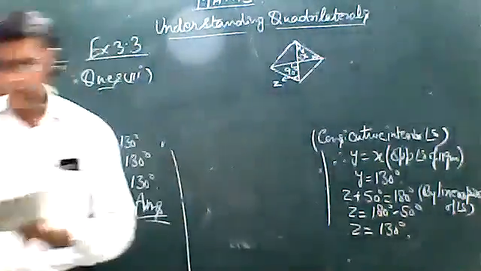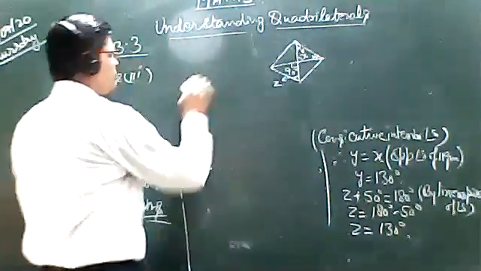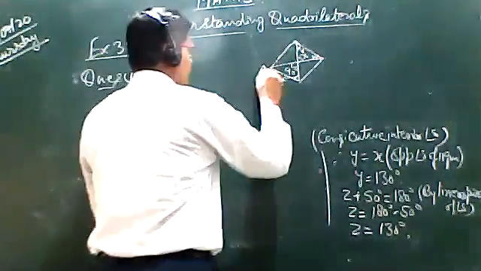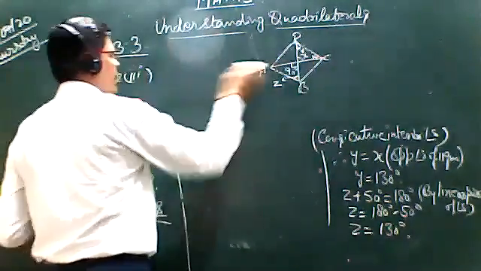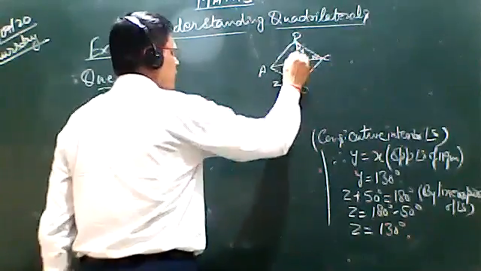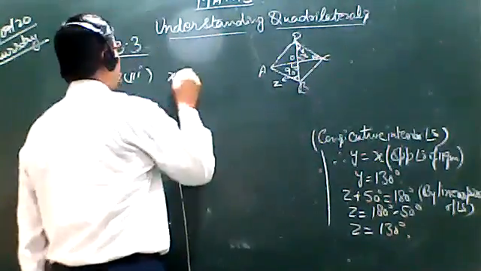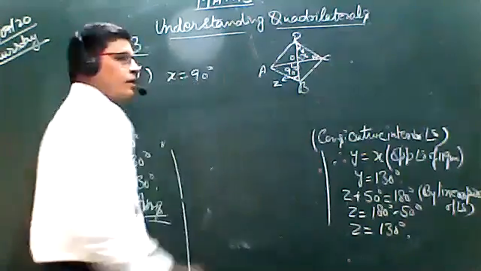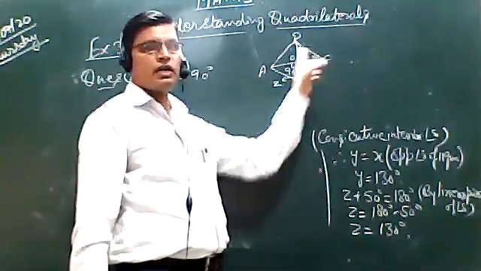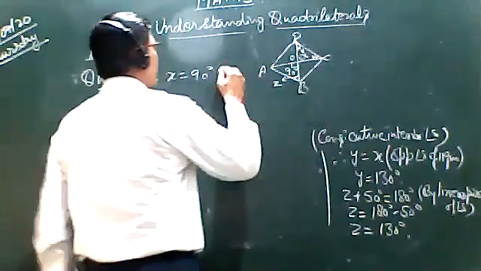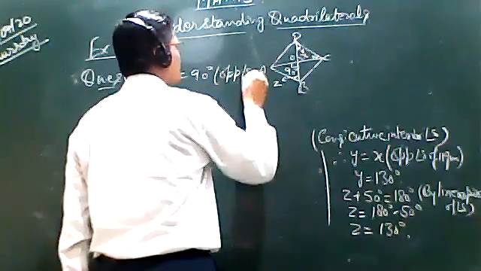Now, in this figure, x is equal to 90. We write the name A, B, C, D, and this point is O. Angle x is equal to 90 degrees, because opposite angles are always equal, and these are the opposite angles.